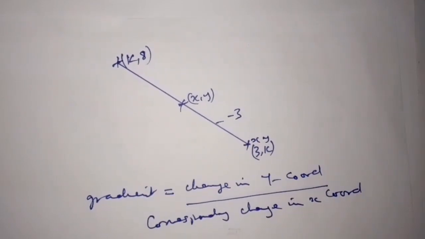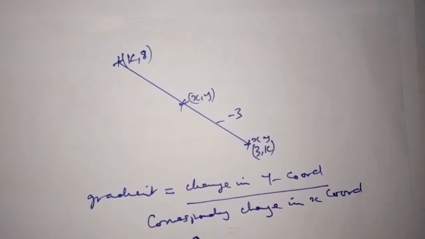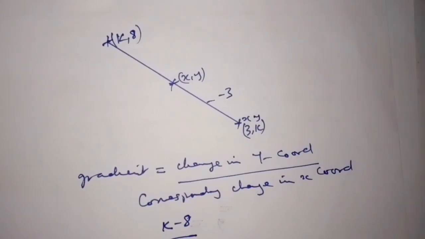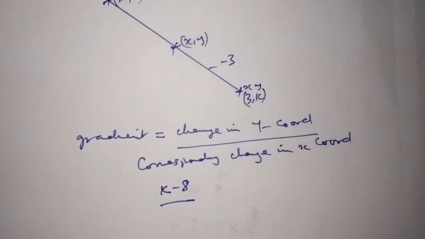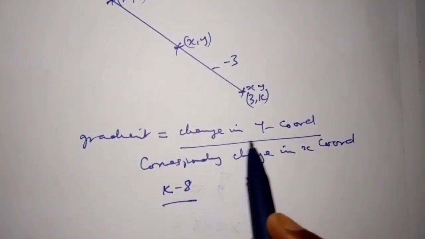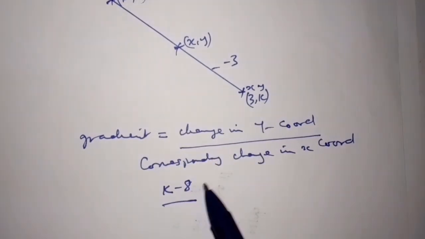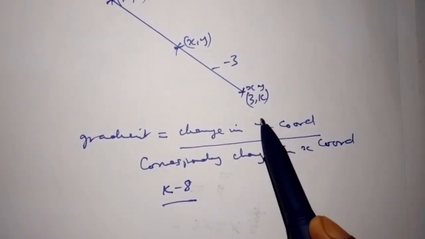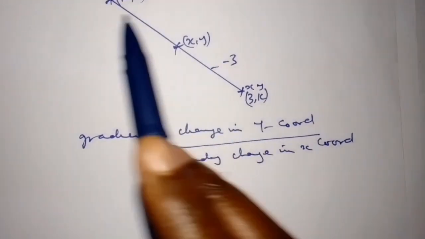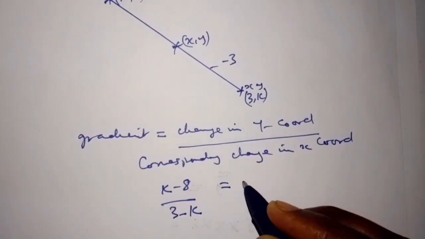So now we can say k, change in y coordinate, k minus 8 over corresponding change in x coordinate, that is 3 minus k. 3 minus k is supposed to give us -3.